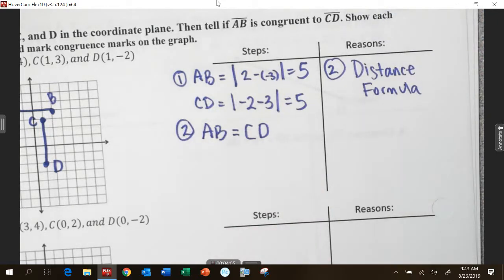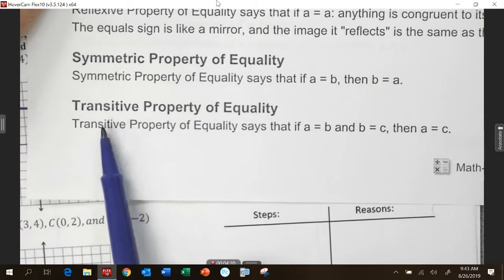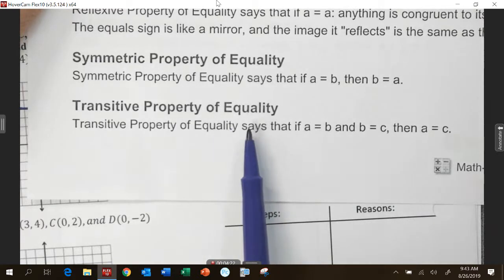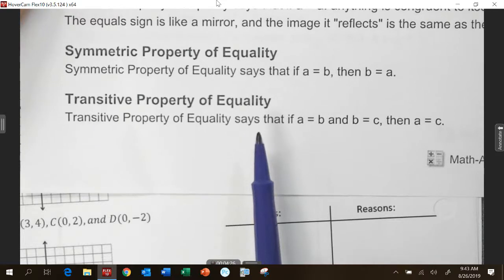There is something on this definition sheet, if you put it away, we are going to keep referring back to this today. There's something in here that tells you exactly what I just did. It's at the end of the second page. It's called the transitive property of equality. These are things that you should have done in Algebra 1, but I didn't teach you, so I don't know how much you did them.